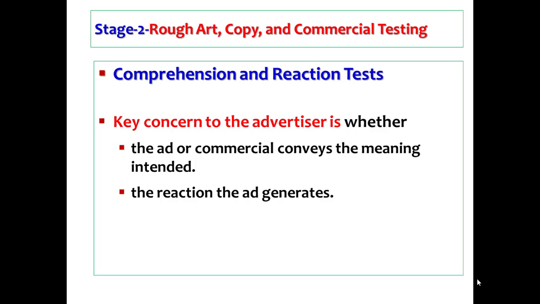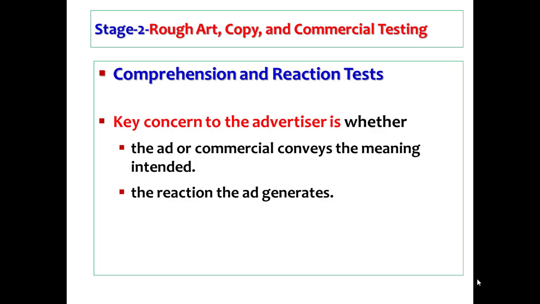The second objective is just to measure the reaction the advertisement generates. Sometimes our advertisement may generate a negative reaction. It's because the message may have a bad influence on religion, gender, or other issues, which are the main concern of the society.